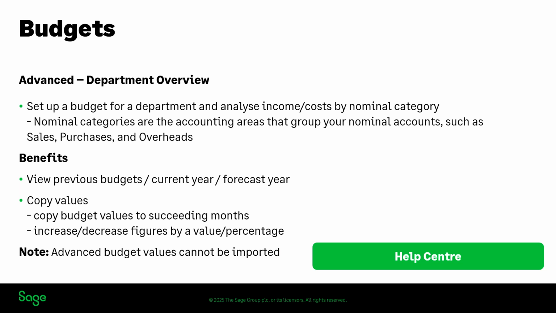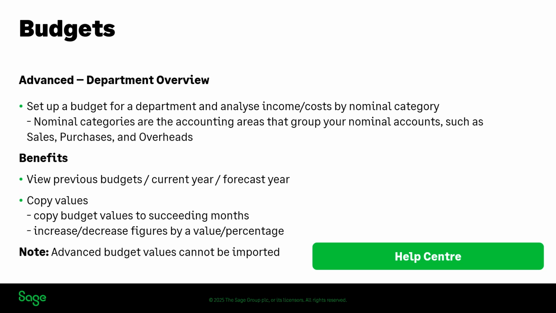But by nominal category, we're not drilling down to nominal code on this one. We're just entering basically a budget based around one total for sales per department, one total for purchases, etc. Hope that makes sense.